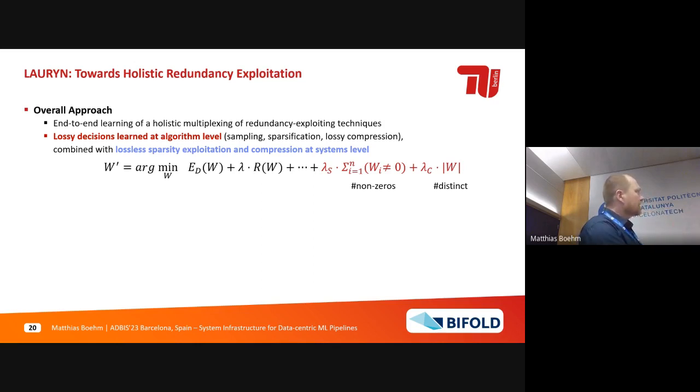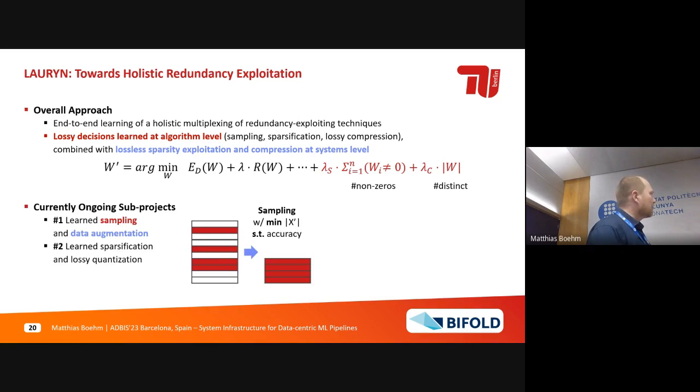So the core idea is to take all the lossy decisions, pull them to algorithm level and actually learn them, and then build system infrastructure to perform lossless sparsity exploitation under the covers automatically for a user. So we don't have to make any assumptions. It's at algorithm level, the user can still tweak it, set the right parameters, and we only perform lossless optimization under the covers.